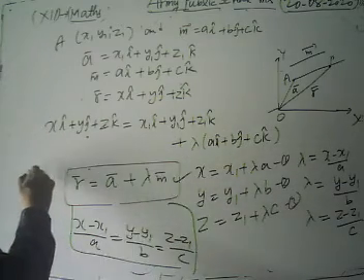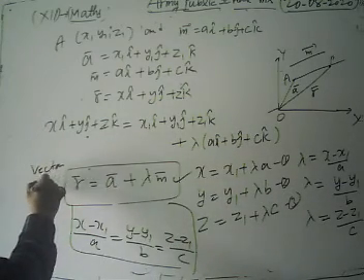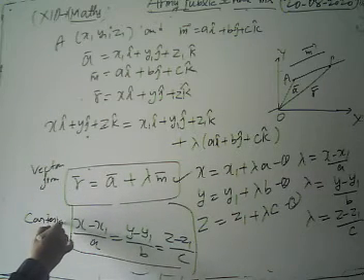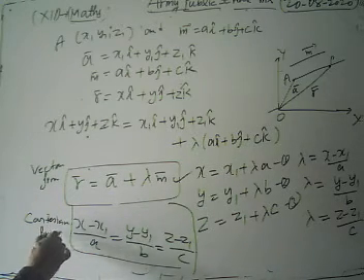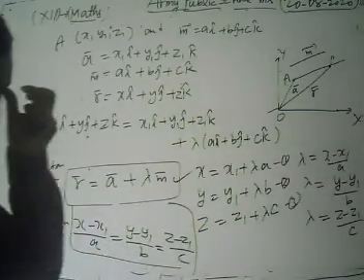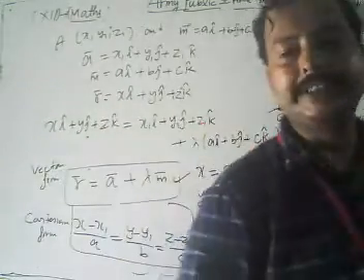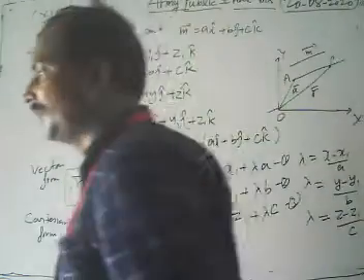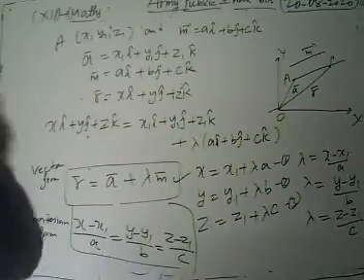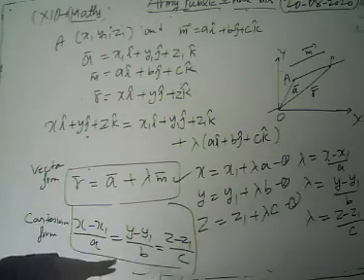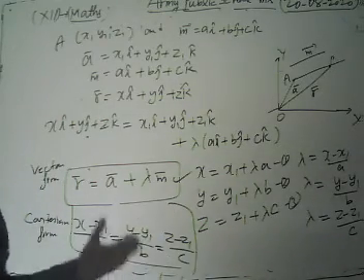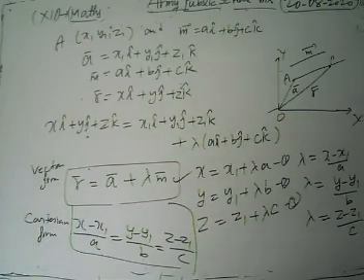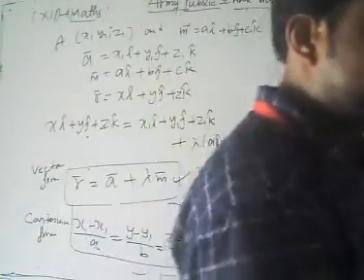This is our vector form, and this is our Cartesian form. x1, y1, z1 is the fixed point from which our straight line passes through, and a, b, c are the direction ratios of the given line to which our line is parallel.